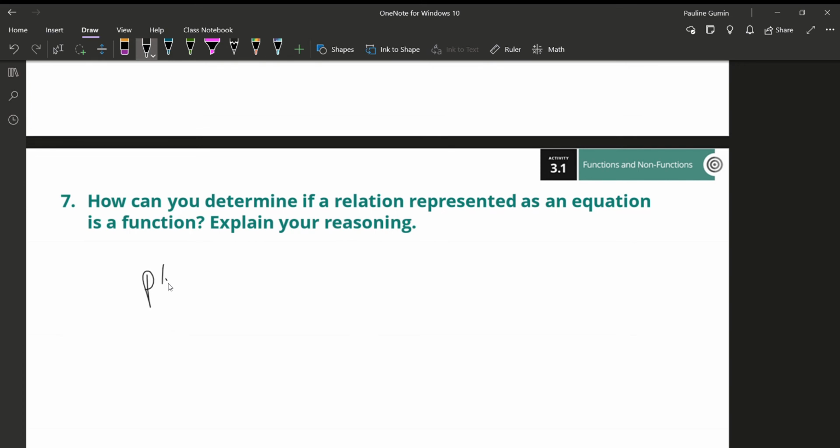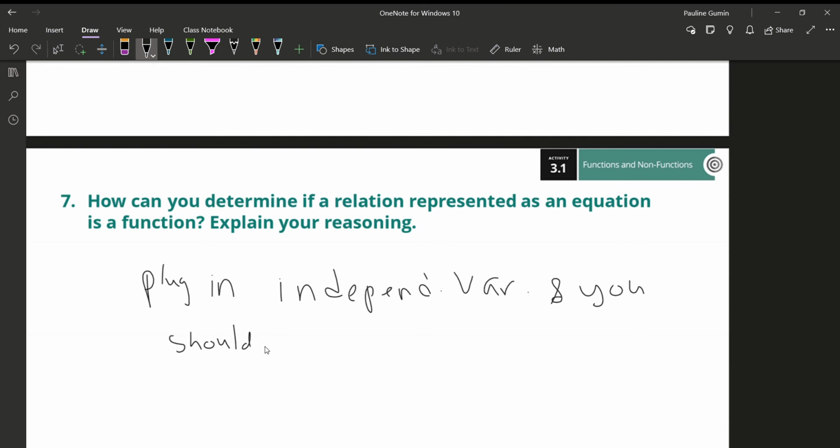What we're going to do is plug in the independent variable, and you should only get one answer.